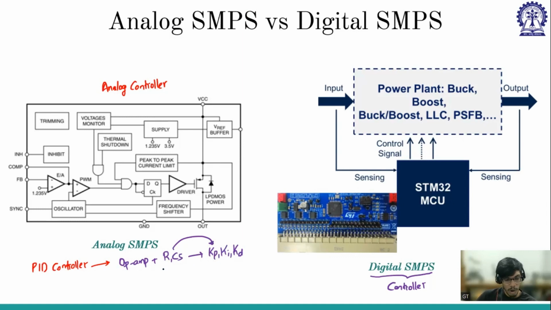Also, we have to mount these RC values on the board, so it will take some size, and depending upon the other architecture that you have put, protection circuit, everything, the size will increase. There is no flexibility as such, because every time I want to change KP, I have to see what the resistor and capacitor values are, select that particular resistor and capacitor, mount it and then test.